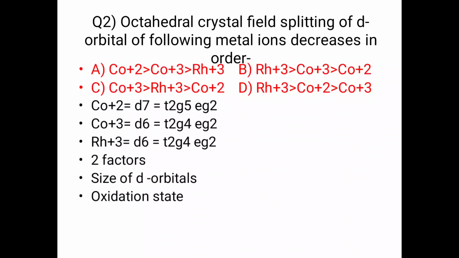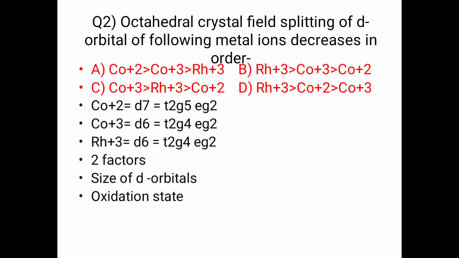Octahedral crystal field splitting of d orbitals of the following metal ions decreases in the order. So you need to identify the correct decreasing order of the given metal complexes. What we've studied earlier is that the splitting of octahedral complexes depends upon the size of the d orbitals and the oxidation state.